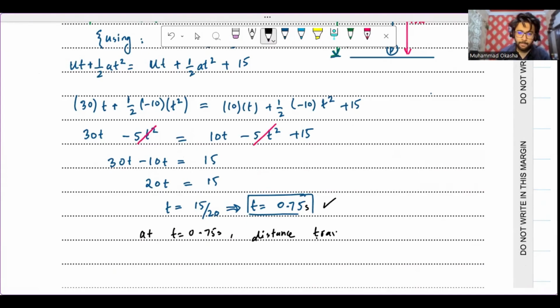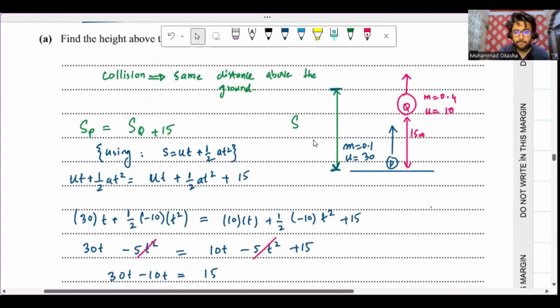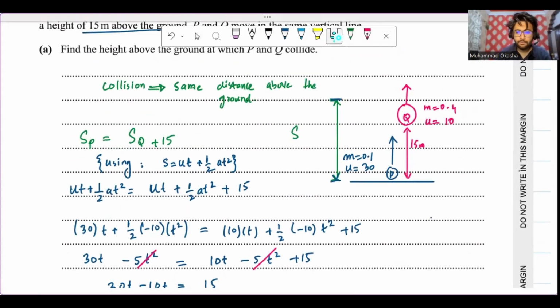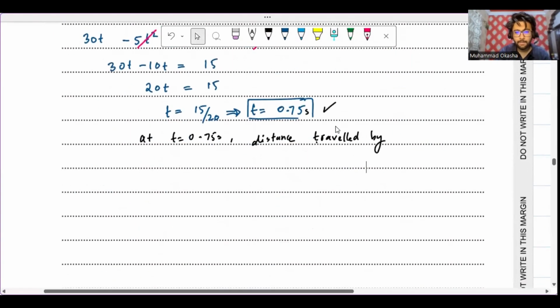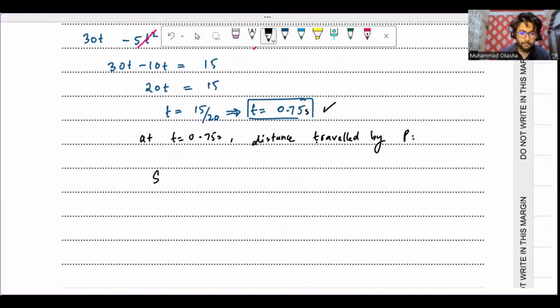Because we're talking about height above the ground, we'll take the distance of P. Distance traveled by particle P would be s equals ut plus half at squared.